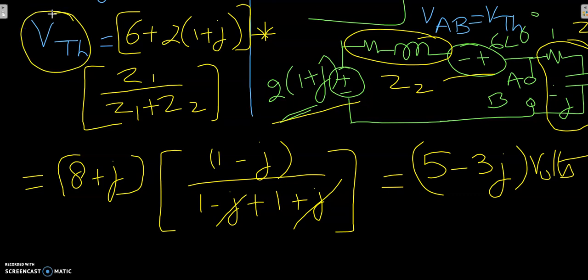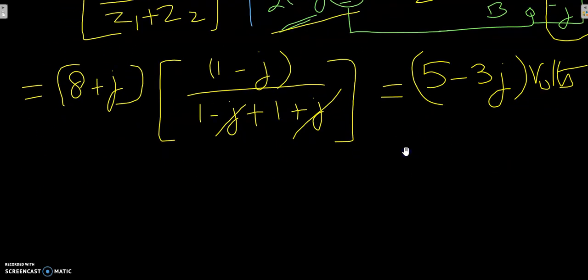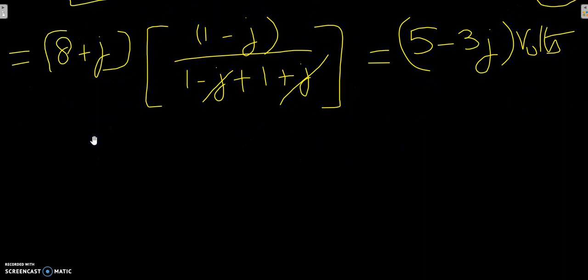Now our next step would be to find RTH. For RTH, the equivalent circuit after replacing the sources by their internal impedance would be: there would be the resistor, the inductor is there, and this would be open circuited.